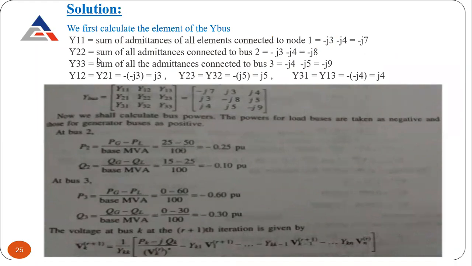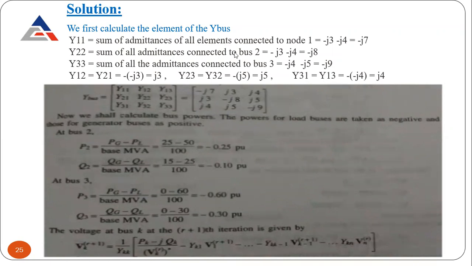Okay, similarly Y22 comes out to be -j3 -j4 -j8, and similarly Y33, just the addition of all the admittances that are given in the question. Okay, and Y12 is equal to Y21, it is minus of -j3, that is j3. Okay, similarly for Y23 and for Y31.